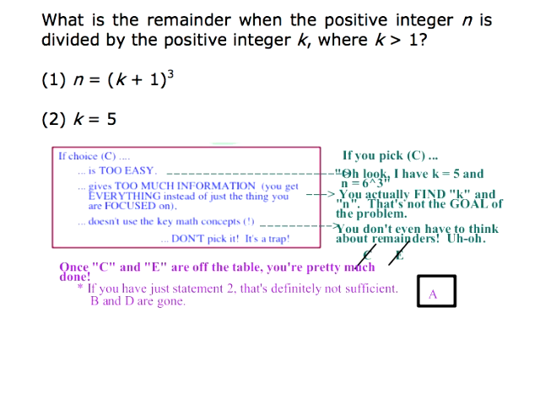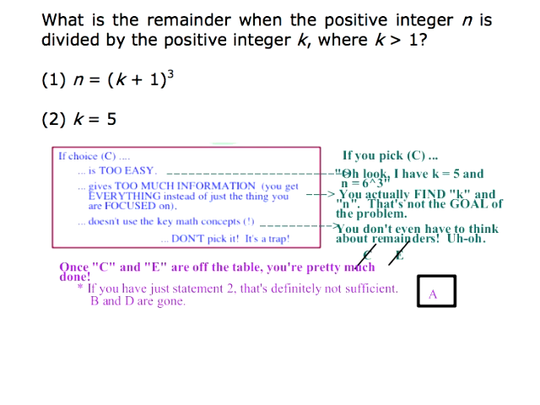I'm going to be rocking back and forth here with an equation writing program, so bear with me. With statement 1, what you have here is n equals k plus 1 cubed. When I say these things, you'll see the equations pop into the window with a small time delay.